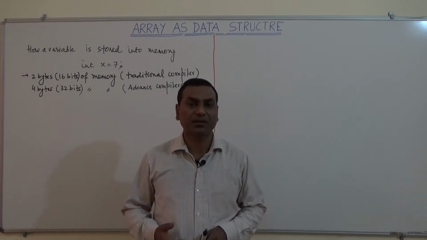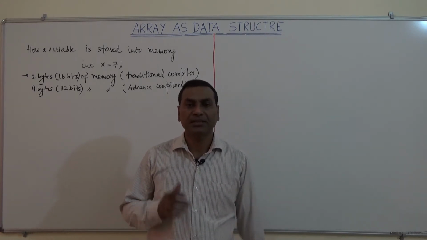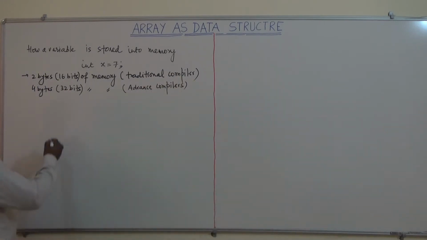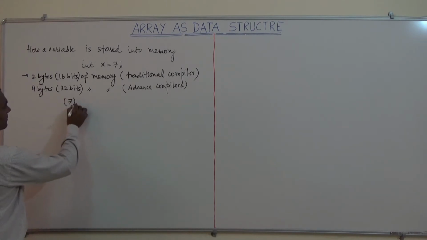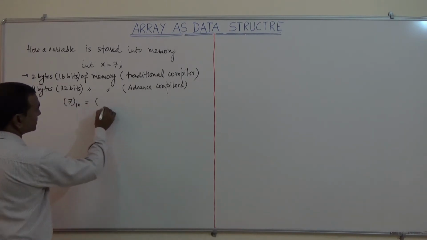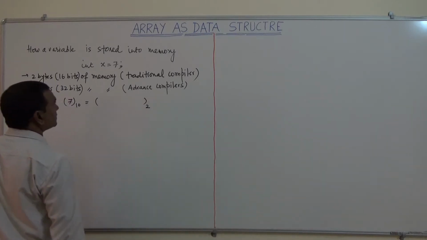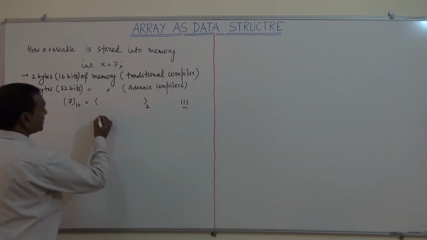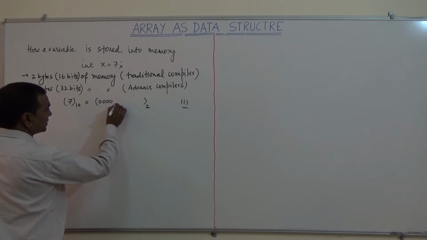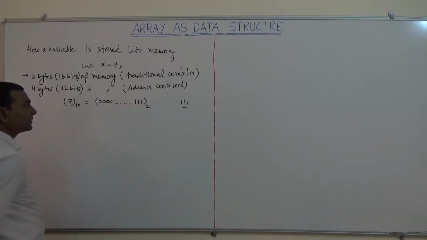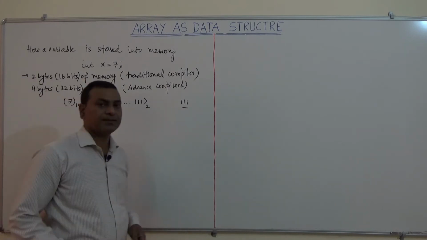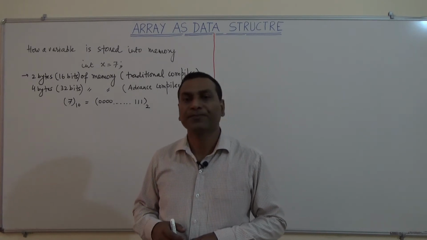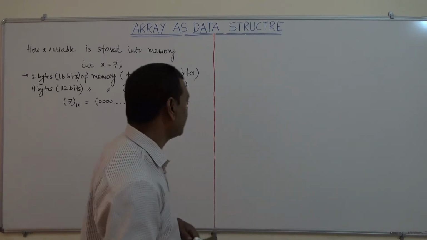So normally the integer data type takes 2 bytes of memory, and it may also take 4 bytes, but it depends on the compiler. In the traditional compiler, or what we normally study in C language, it will take 2 bytes. Now we will see how it can be represented in memory. This 7 is a decimal number, so it can be converted to binary. In binary this will be 1 1 1, so it can be written as 0 0 0 and so on, then 1 1 1. So these are the 16 bits.